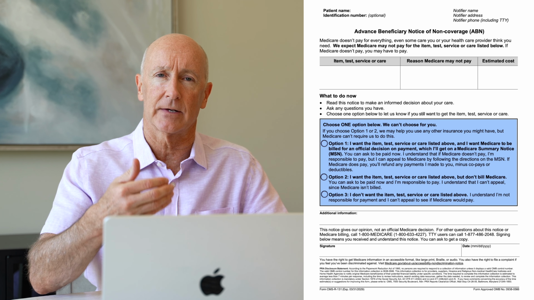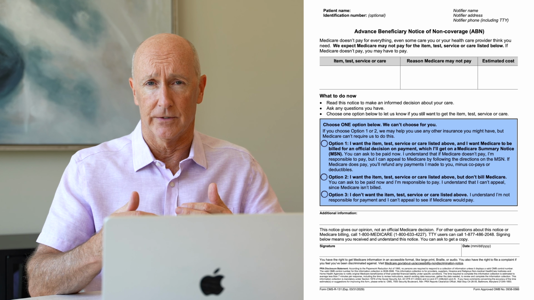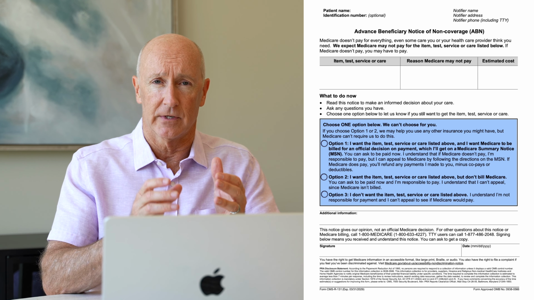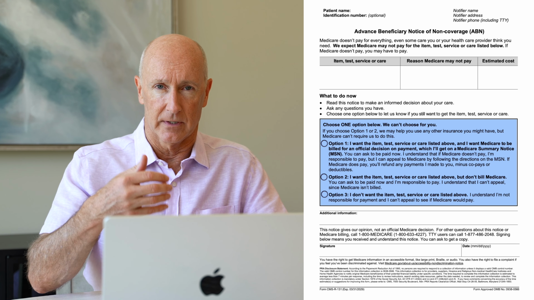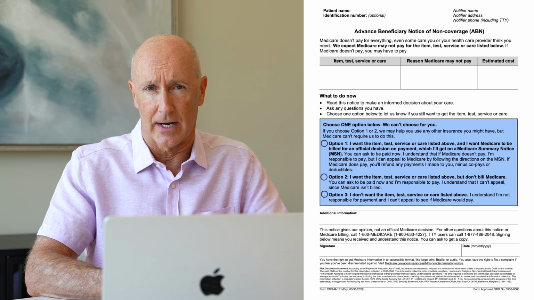If the patient selects option number 1, they're saying that they still want the service you expect the Medicare program to deny, but they still want you to submit the claim to Medicare. So that item that is listed, you still put that CPT code on the claim form, submit it to your Medicare administrative contractor.